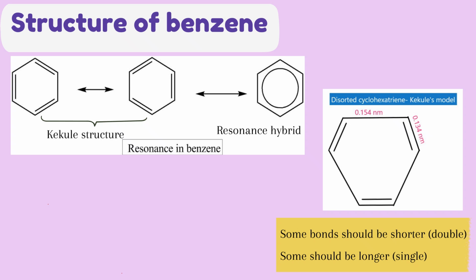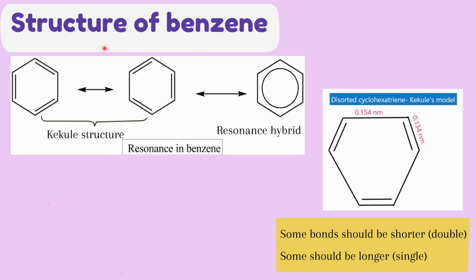Let us understand a few more things about the benzene structure. Here I have drawn the structure of benzene. This benzene ring consists of a conjugated system, due to which these pi electrons can easily delocalize and result in the formation of this structure. These two structures continuously interconvert into each other, or we can say that these pi electrons continuously delocalize inside the benzene ring in order to stabilize the structure.